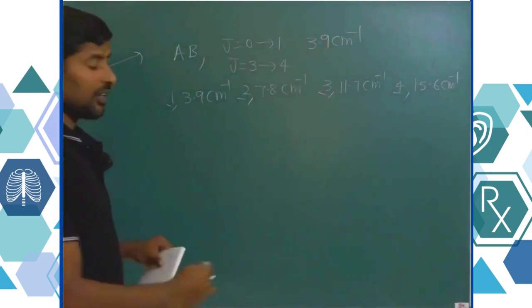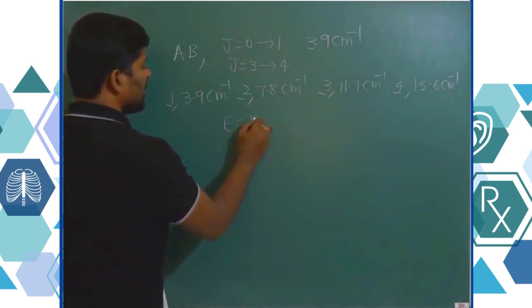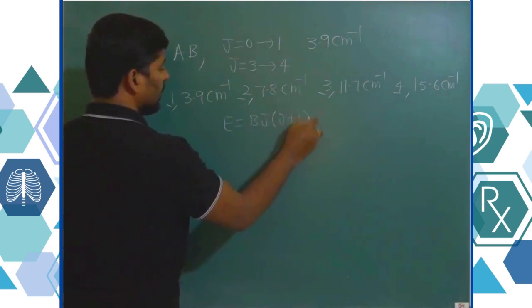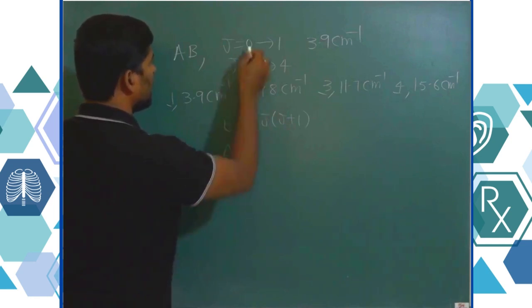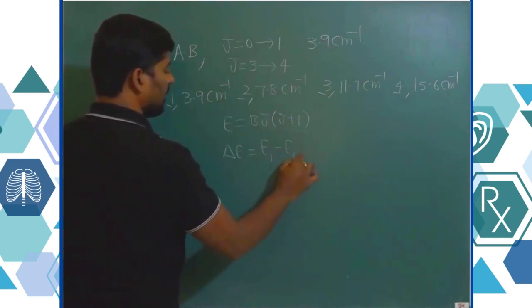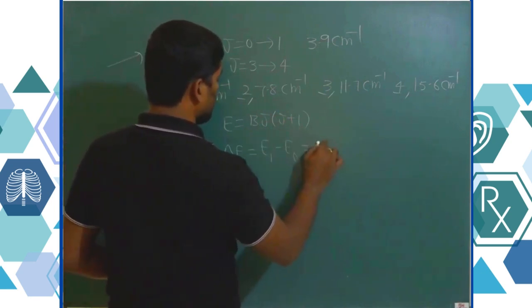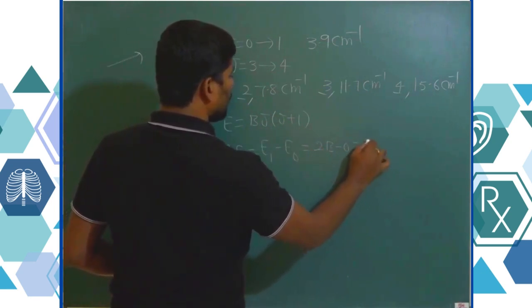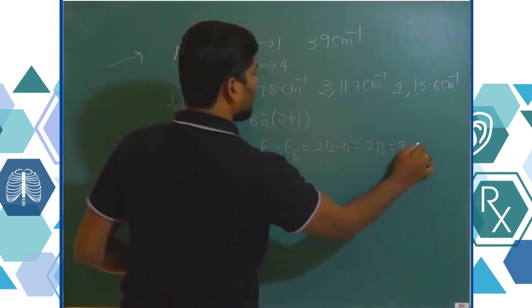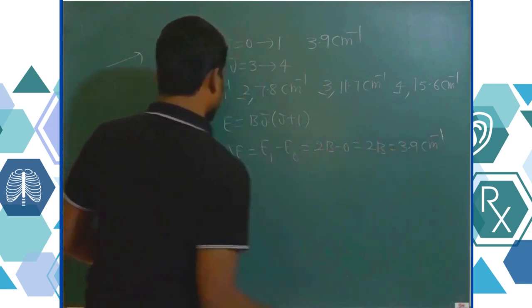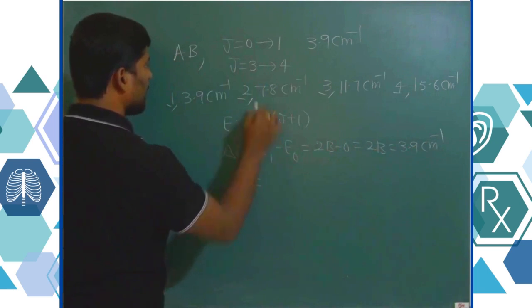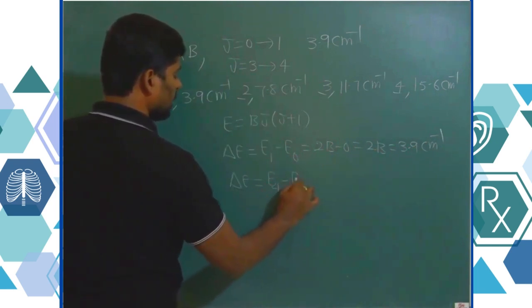What is the expression for rotational energy levels? E equals BJ into J plus 1. For the first transition, delta E is E1 minus E0. E1 is 1 plus 1, that is 2B, minus 0. So 2B is given as 3.9 centimeter inverse. Now we want the energy gap between the fourth level and the third level.